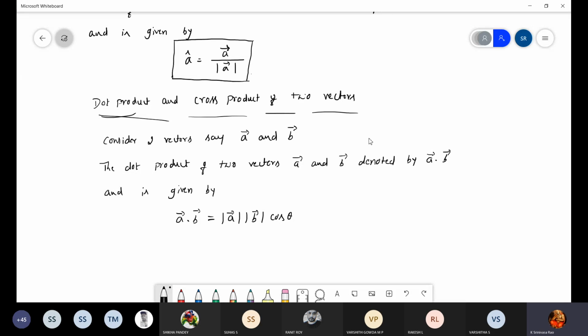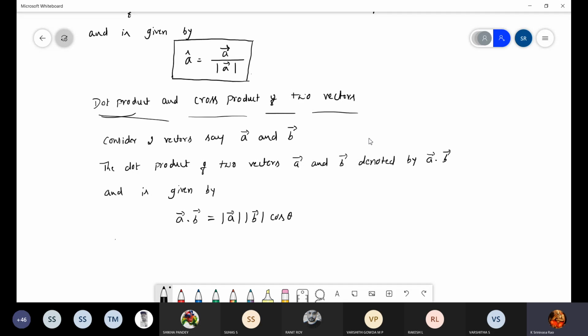This is the definition of dot product. Whatever two vectors you take, calculate the magnitude of the first vector multiplied by the magnitude of the second vector. Magnitude is given by the square root of a1 square plus a2 square plus a3 square. And cos theta, theta is the angle between these two vectors. This is a dot product.